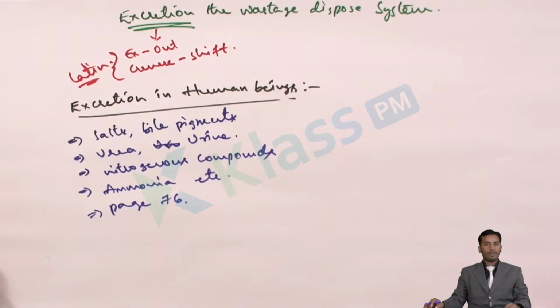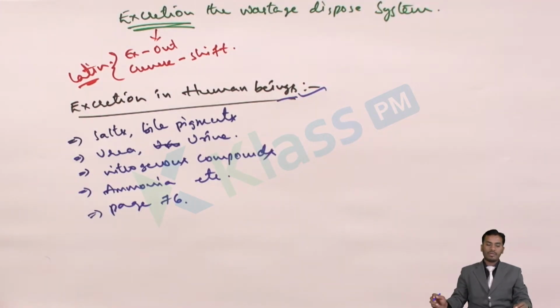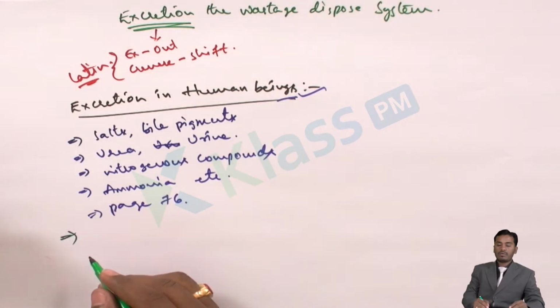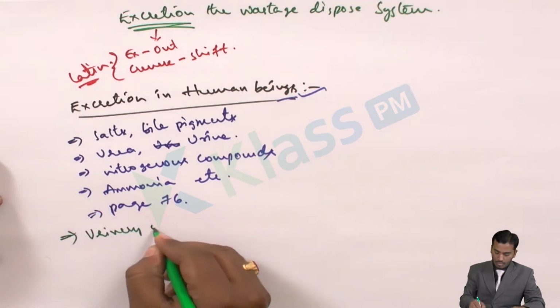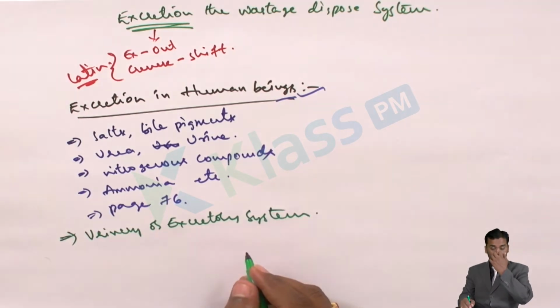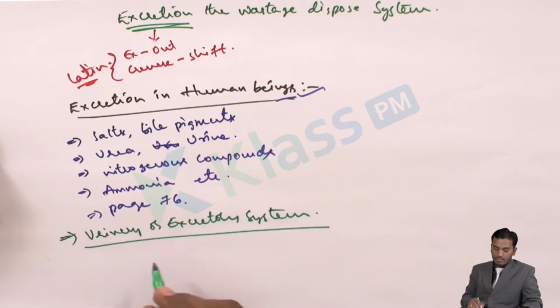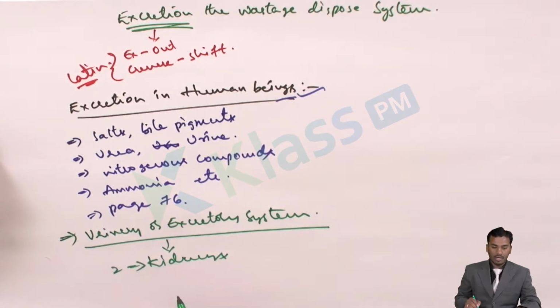Now, the excretory system in human beings. Who acts as the excretory system? In human beings, excretion occurs through the urinary or excretory system. This urinary excretory system consists of 2 kidneys, is it clear?